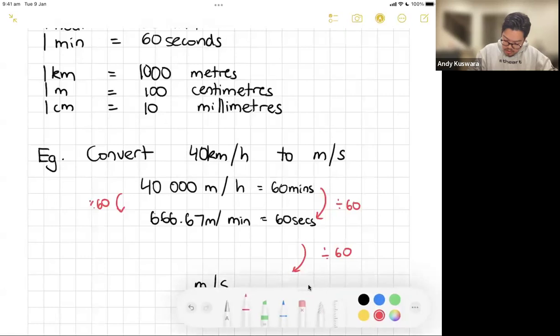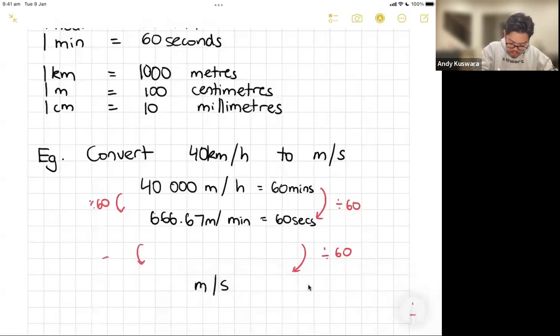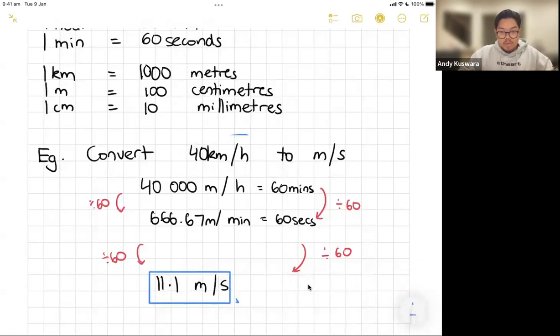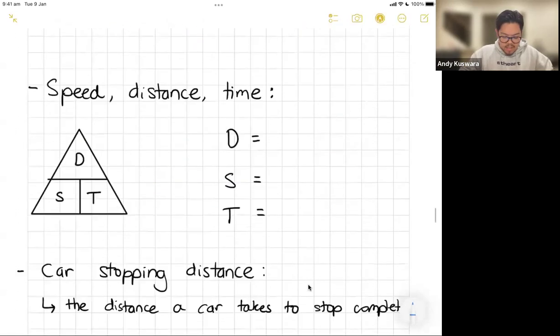I know I didn't write it down, but divide by 60. And what we're left with here is hopefully a nicer number. It's a little bit nicer. 11.1 meters per second. So in other words, 40 kilometers per hour, same as 11.1 meters per second. Okay, just changing units. Apologize for the lag.